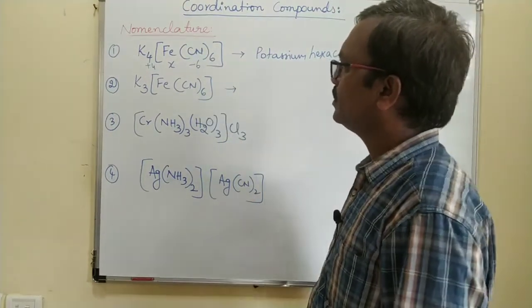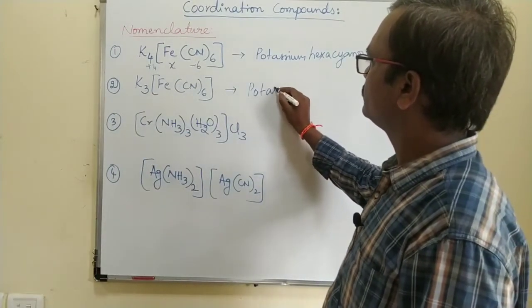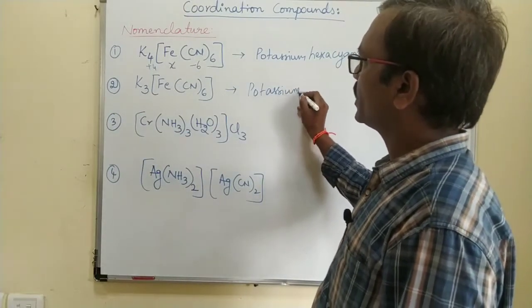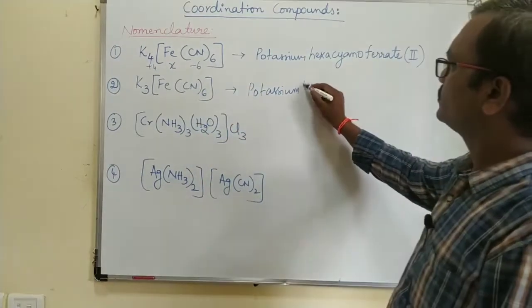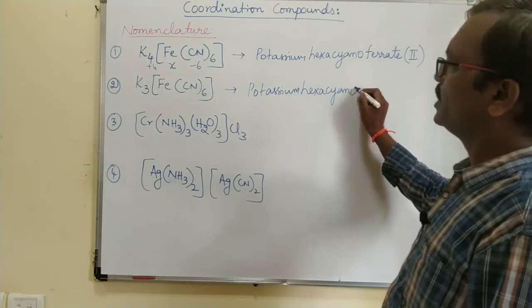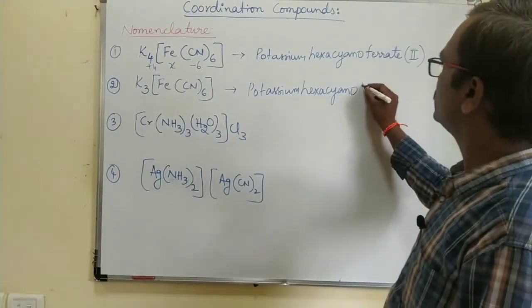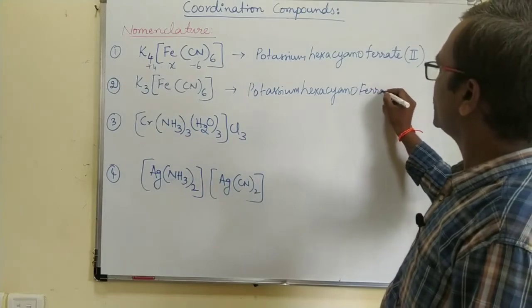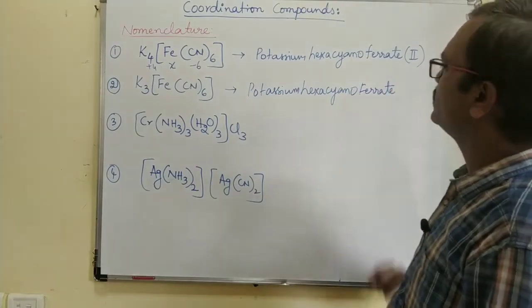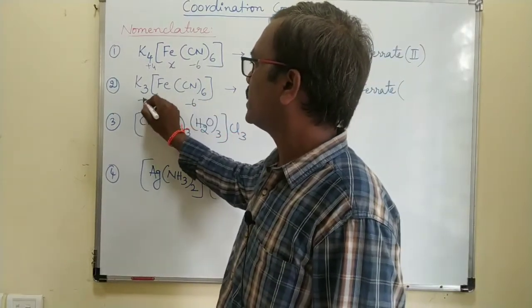So what is potassium? Potassium hexacyano. Potassium is positive, the complex is negative, that's why iron becomes ferrate. This one is -6, this one is +3.